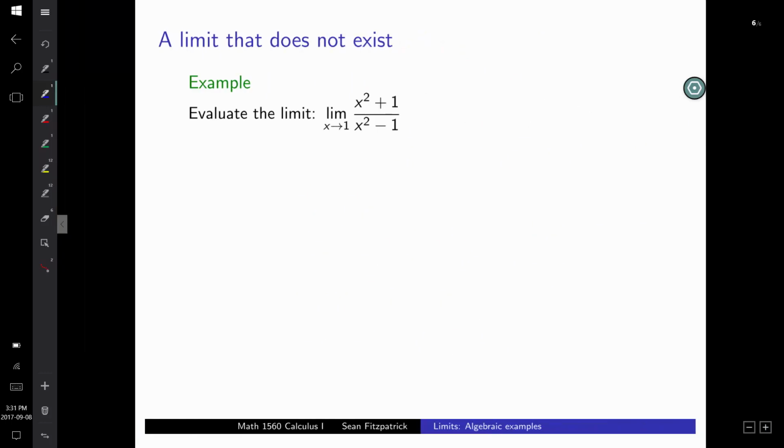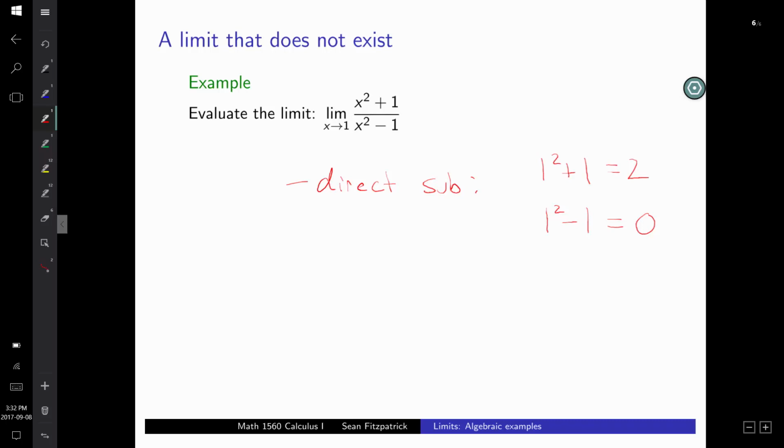Before we wrap things up, let's just point out that things aren't always going to work out so nicely. Here's another limit where the first thing we do is direct substitution. What am I going to get? Up top I get 1 squared plus 1, I get 2. And on the bottom I get 1 squared minus 1, I get 0.